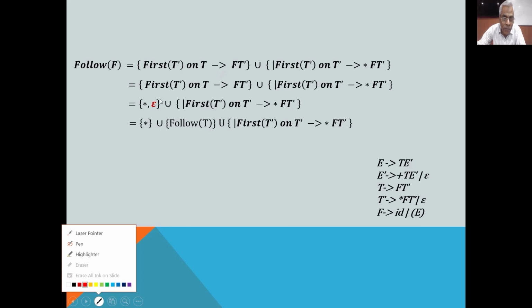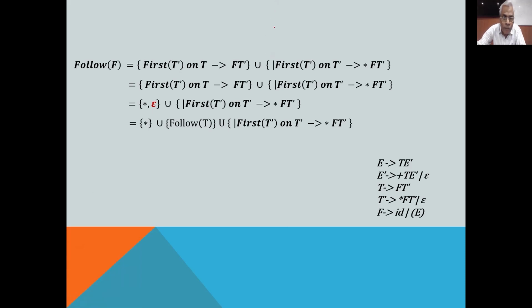We are getting the first of this from the production T to FT dash. Follow of T dash equal to follow of F equal to first of T dash, and first of T dash is star and null.